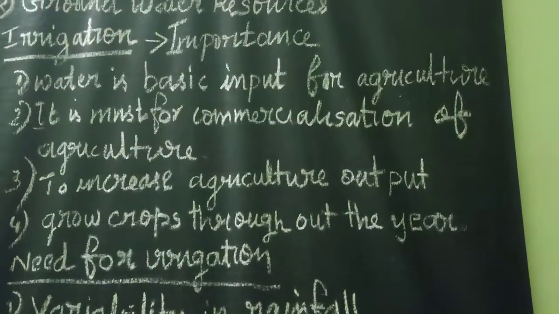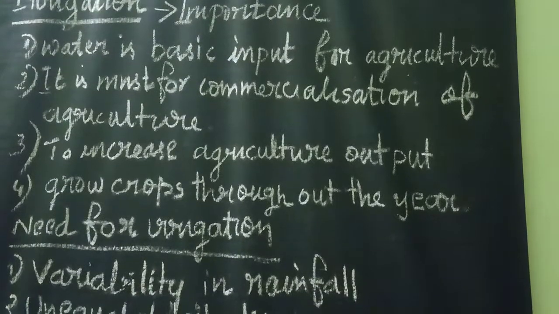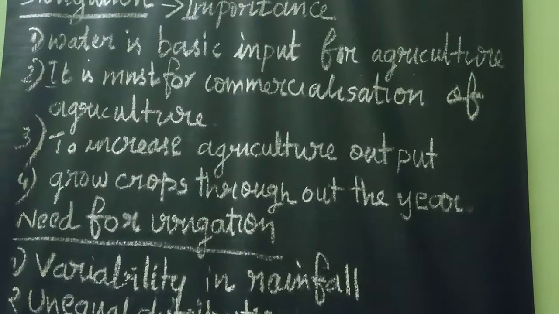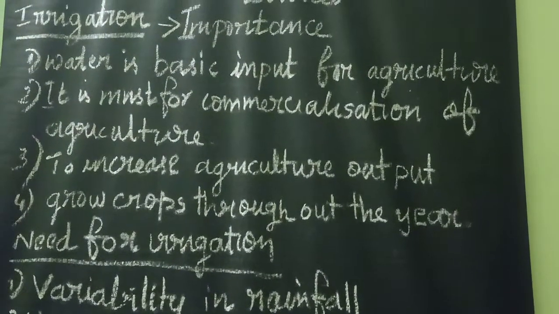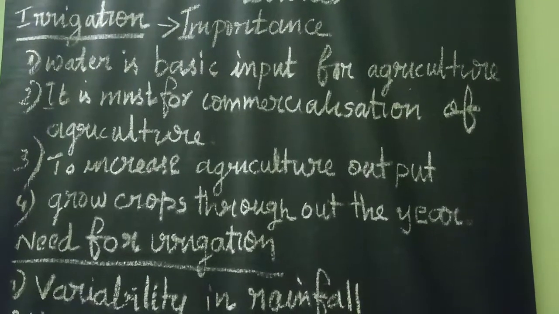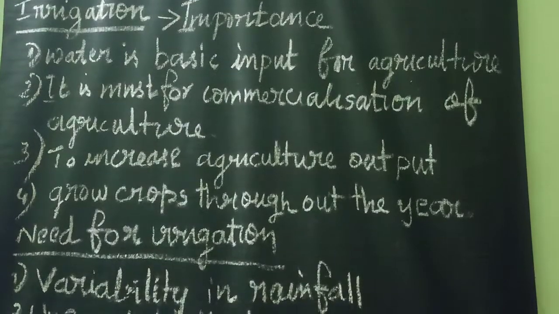Thirdly, to meet crop requirements and soil needs. Different crops require different quantities of water. For example, crops such as rice, sugarcane, jute, cotton, chilies and so on need more water and more irrigation, even in areas of heavy rainfall.